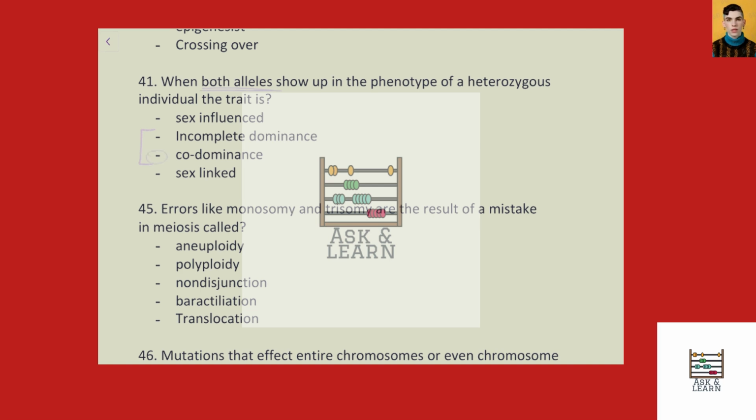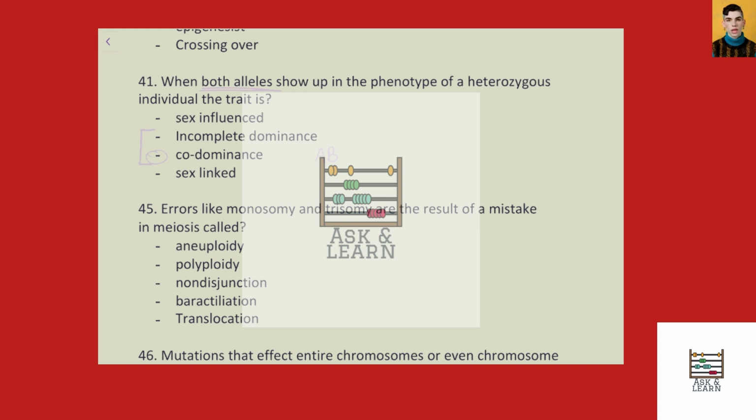So codominance is when a trait results from an allele that is independently and equally expressed along with the other. So an example of that is blood type. So someone that's AB blood type equally expresses both the allele they have for type A blood and the allele they have for type B blood.